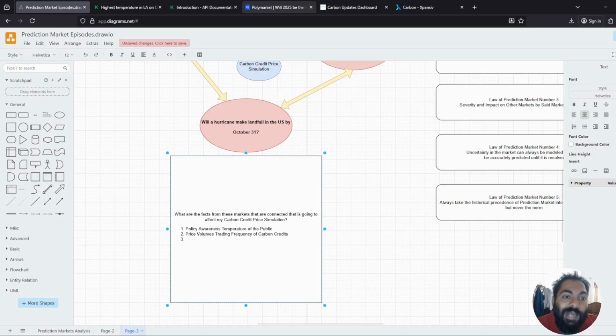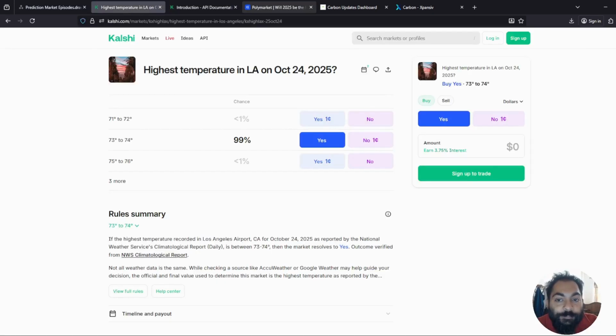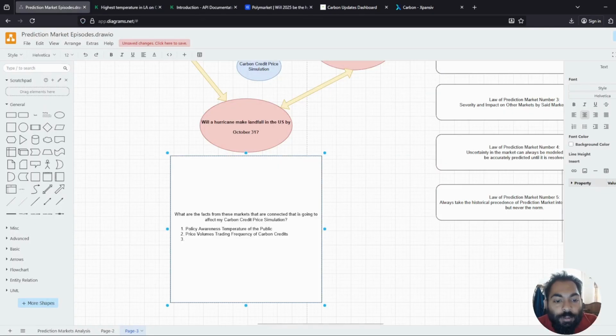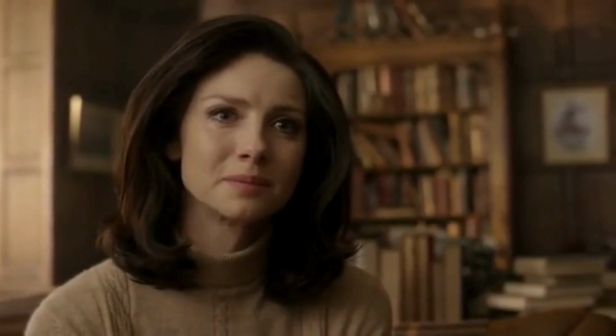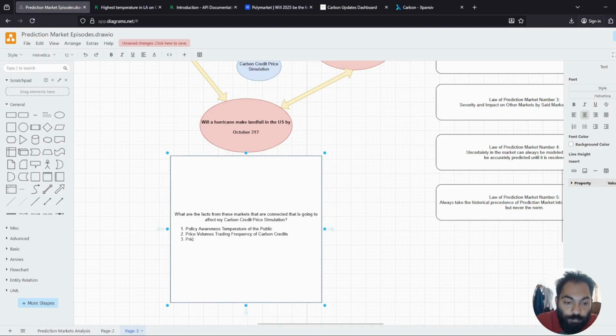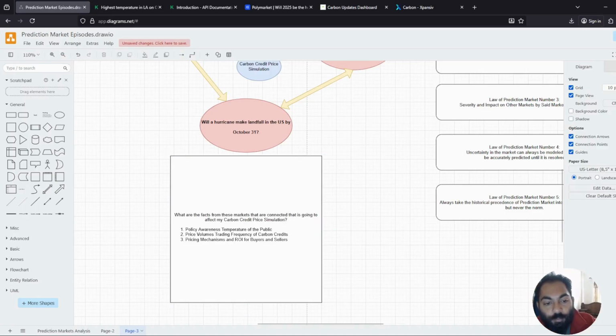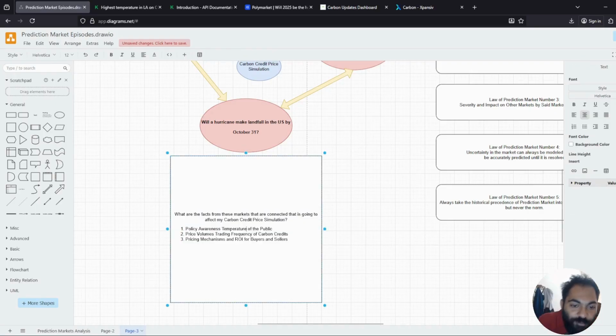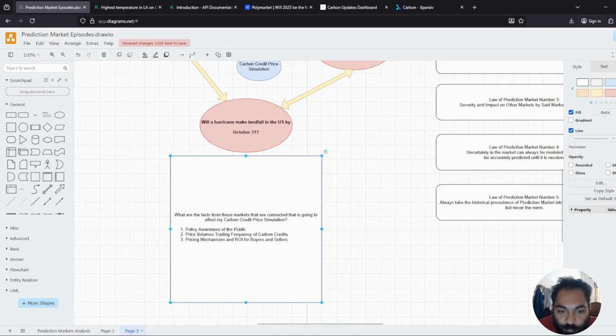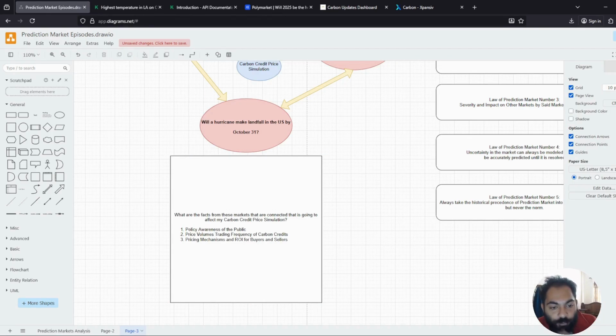Third and the most important aspect of it all would be... So once we know there's policy awareness of the public, there's price volume trading frequency of the carbon credits, that's what you get.